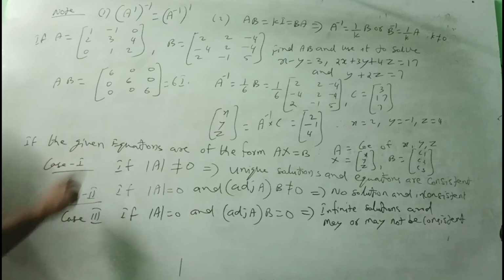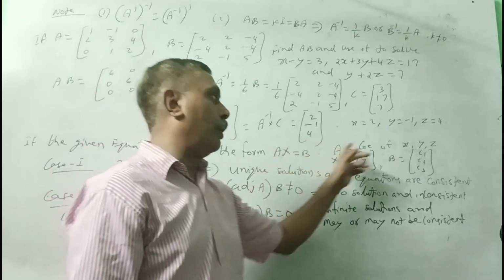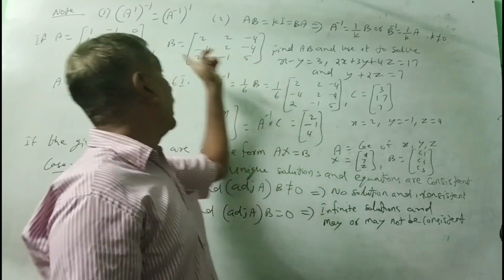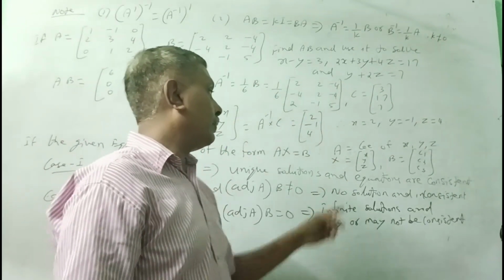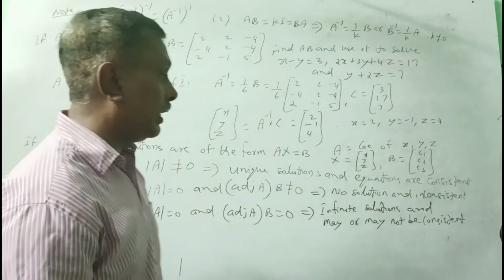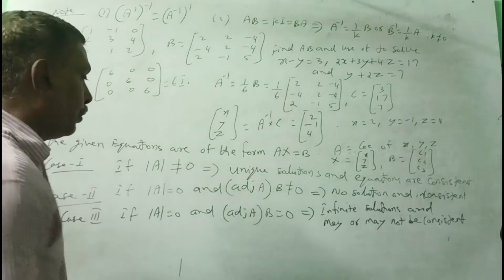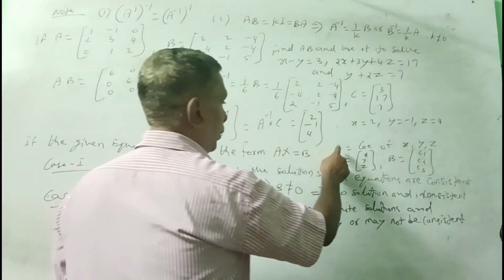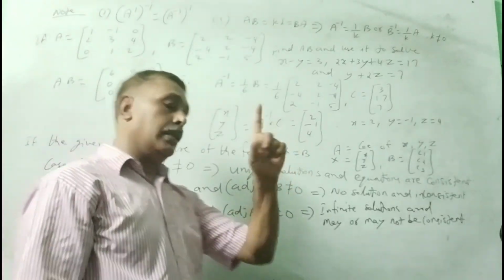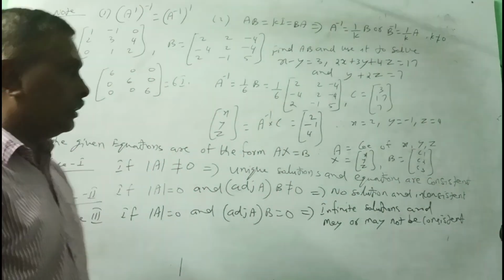Now some of the important notes: if the given equations are of the form Ax equal to B, where A is the coefficient matrix of x, y, z, and B is the right hand side constant matrix, then when can you say there is solution or not? If determinant A not equal to 0, then only unique solution and equations are consistent.